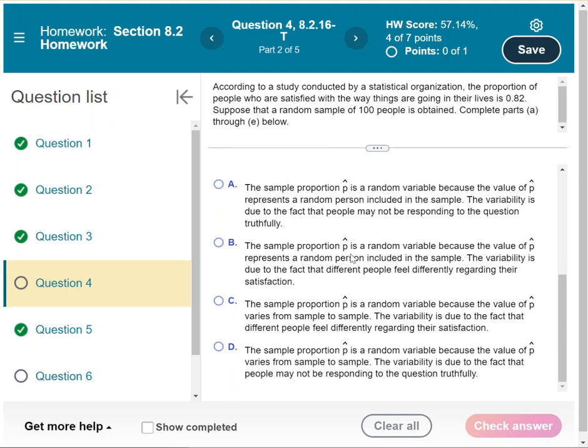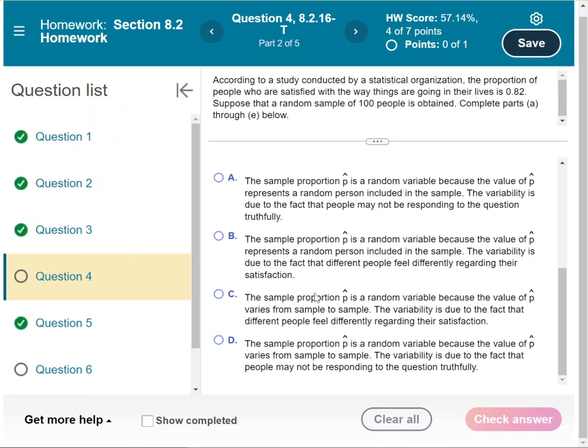Let's see what we got here. The sample proportion p hat is a random variable because the value of p hat represents a random person. Now that's not it. The sample proportion p hat is a random variable because the value of p hat varies from sample to sample.